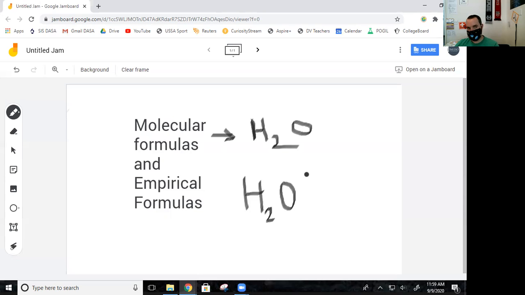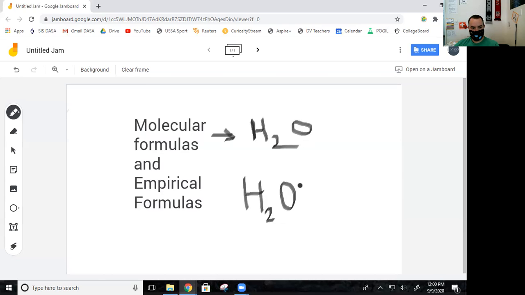Well, because oftentimes the empirical and molecular formula of something will be the same, because I cannot reduce this in any way to a simpler formula. Oh, so one of them would break out the OH? Kind of. We'll talk about it in just a second. So H2O, H2O, right, is the same.